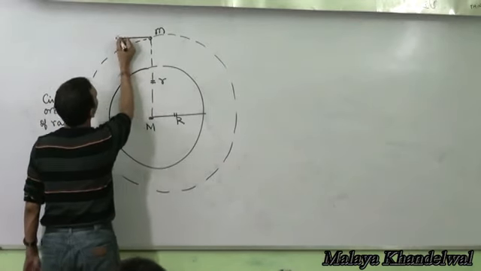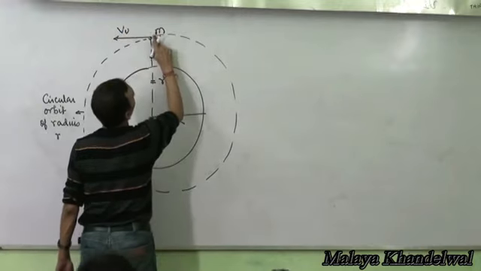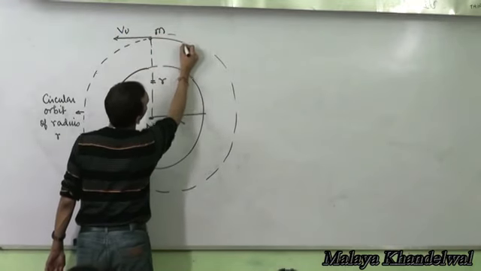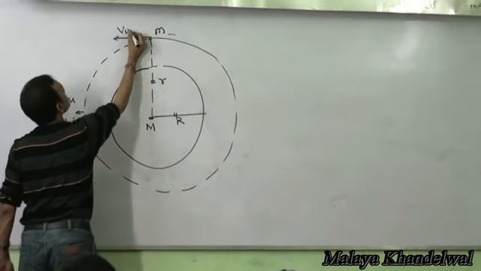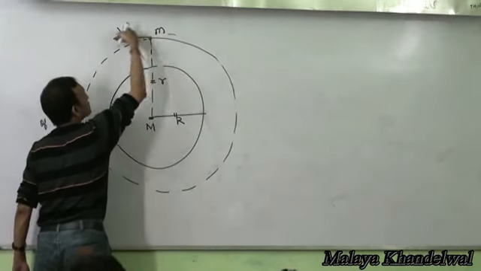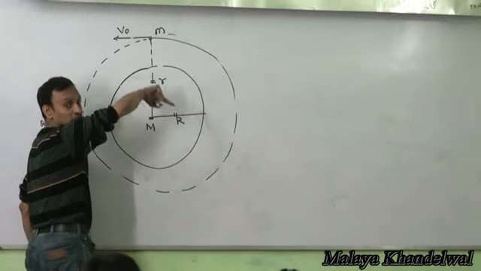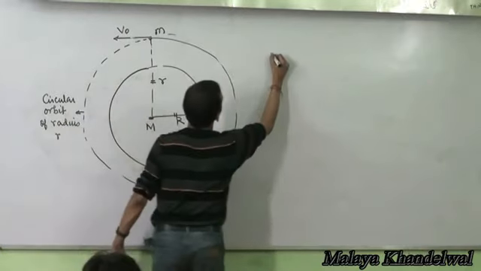Let's say the orbital speed is v0. This v0 is always tangential to the circle.